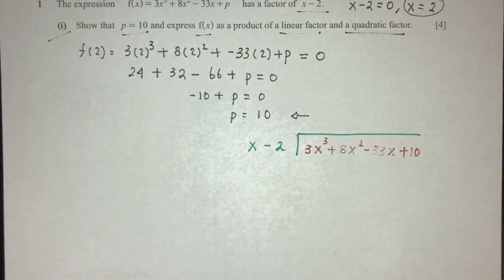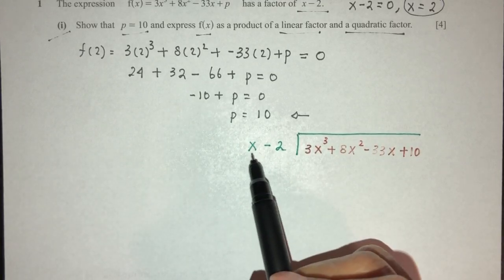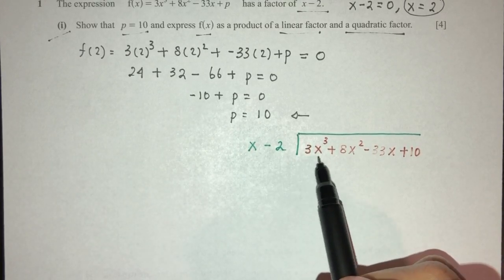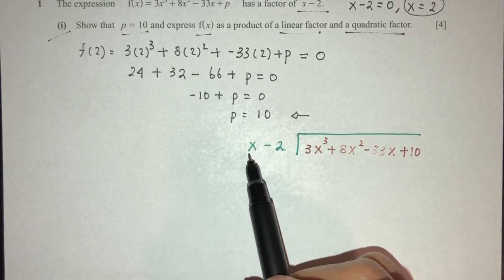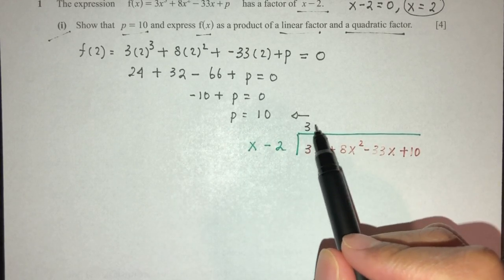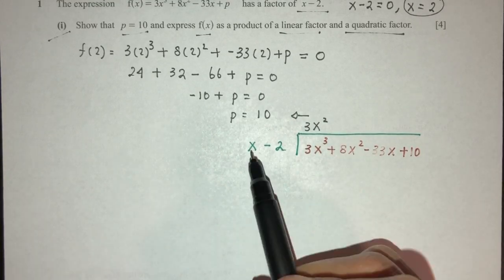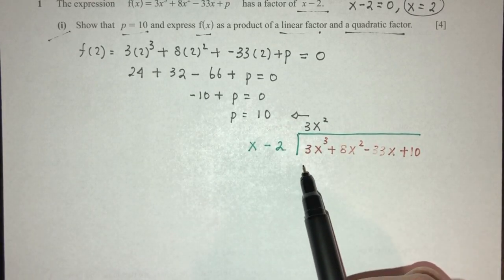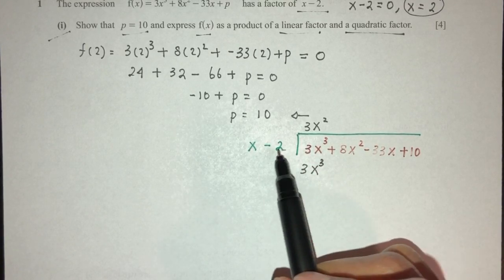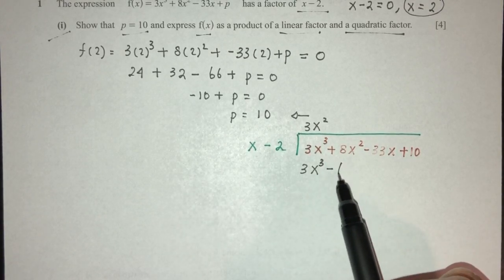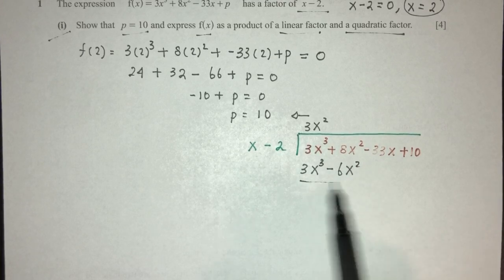Now the first thing you see is here we have x and here we have 3x cubed. How can you make x become 3x cubed? You have to multiply this by 3x squared, right? So this times this gives you 3x cubed. Then you also multiply this by this, which gives you minus 6x squared.